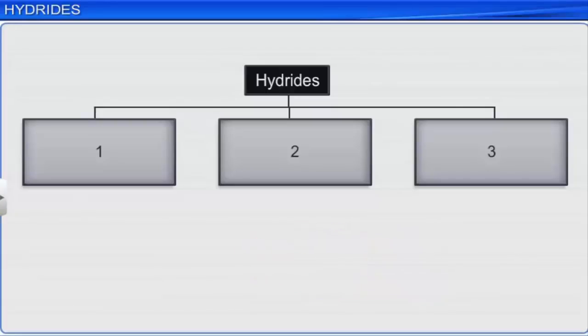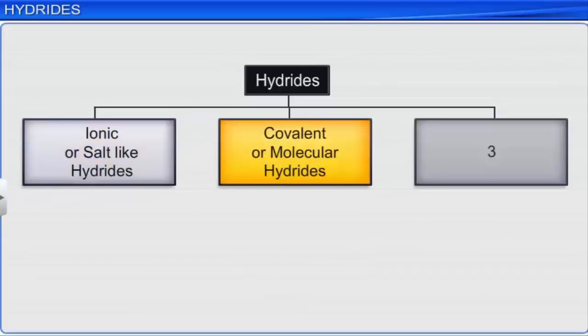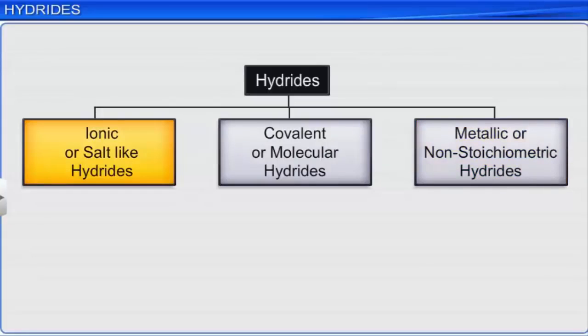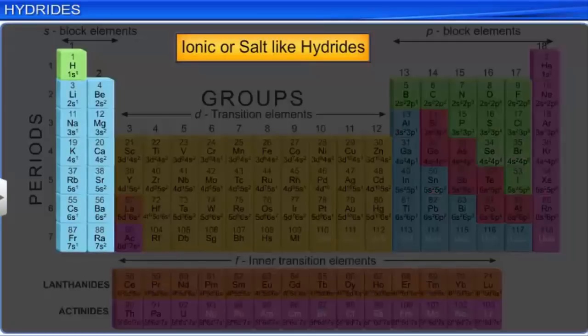The types of hydrides are ionic or salt-like hydrides, covalent or molecular hydrides, and metallic or non-stoichiometric hydrides. Let us look at each type in detail. Ionic or salt-like hydrides are binary compounds of hydrogen with s-block elements that are highly electropositive in nature.